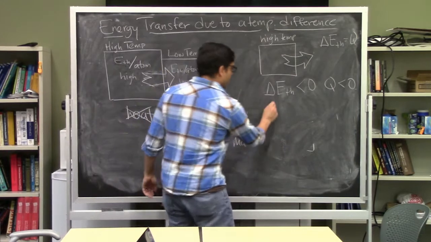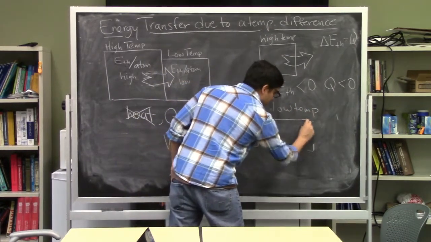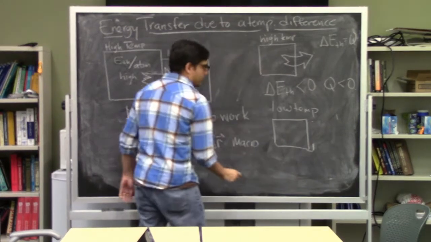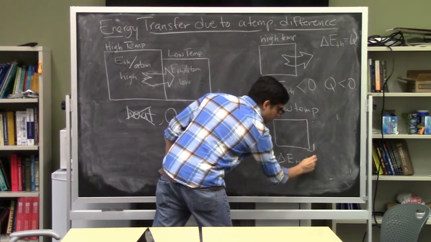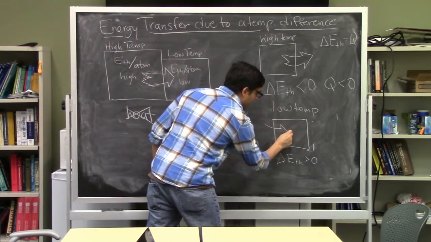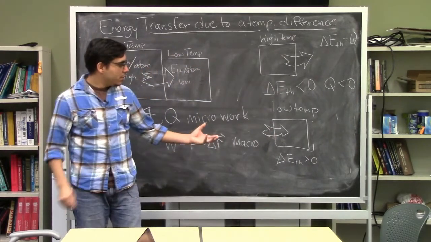On the other hand, if we're looking at the low temperature block as our system, we know that the thermal energy change there is going to be positive. The atoms are going to start jiggling more. The temperature of that system is going to go up.